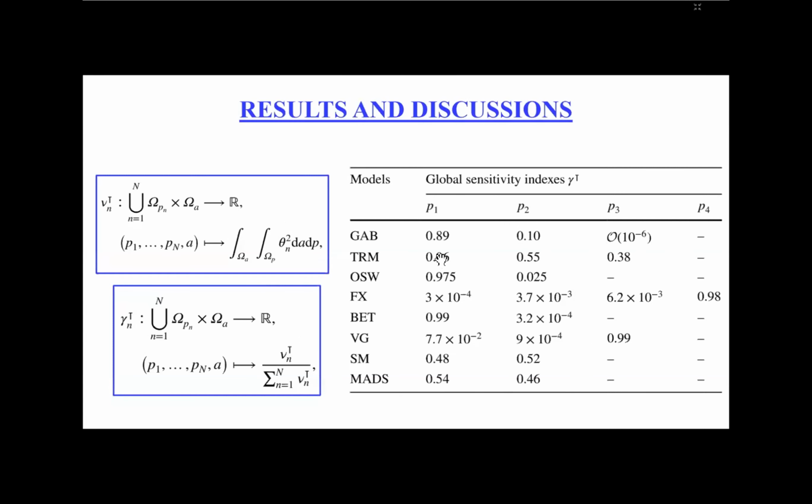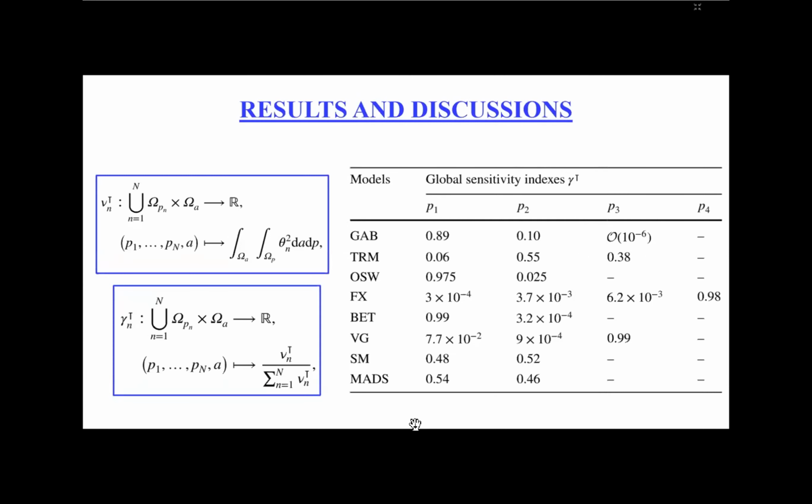This global sensitivity index is actually a relative quantity, and it confirms the result we have seen by the analysis of the sensitivity coefficients, which shows that the GAB model is very little affected by this parameter P3.